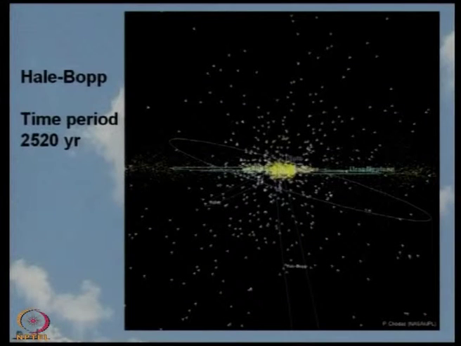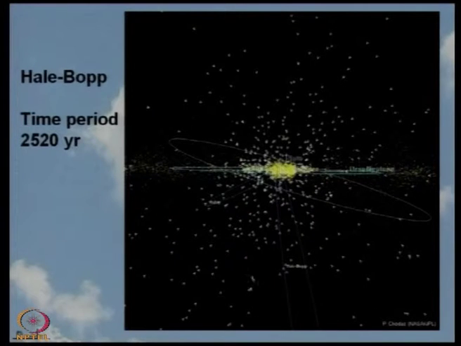That is just 13 years ago, and if you had been interested at that time, you could have seen it. The Hale-Bopp comet again has a very eccentric orbit, and the orbit is quite different also. The semi-major axis is extremely large.